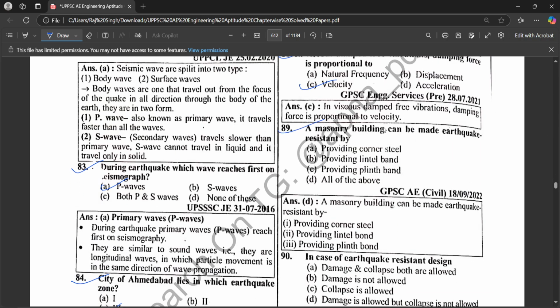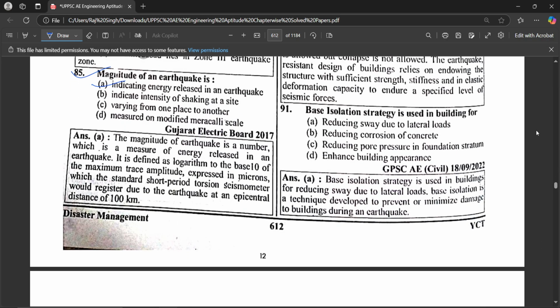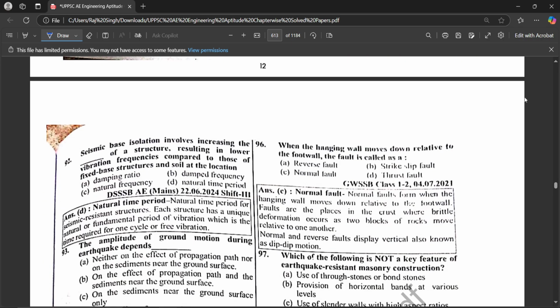The masonry building can be made earthquake resistant by providing corner steel, providing lintel band, providing plinth band, hence all of the above. In case of earthquake resistant design, damage is allowed but collapse is not allowed. Base isolation strategy is used in building for reducing damage due to lateral loads.